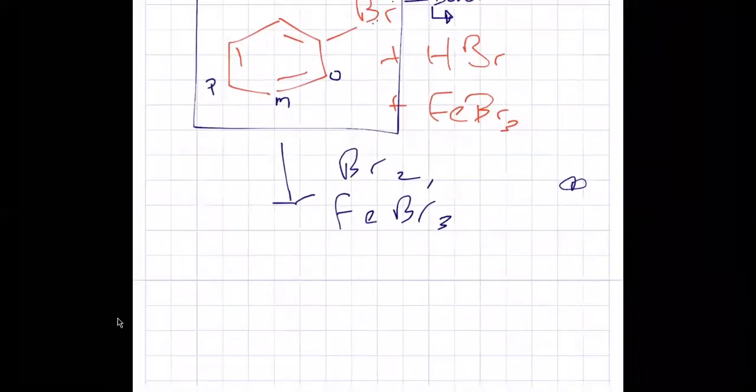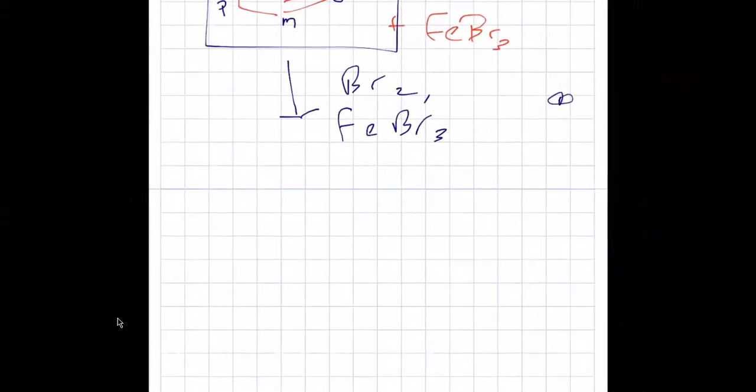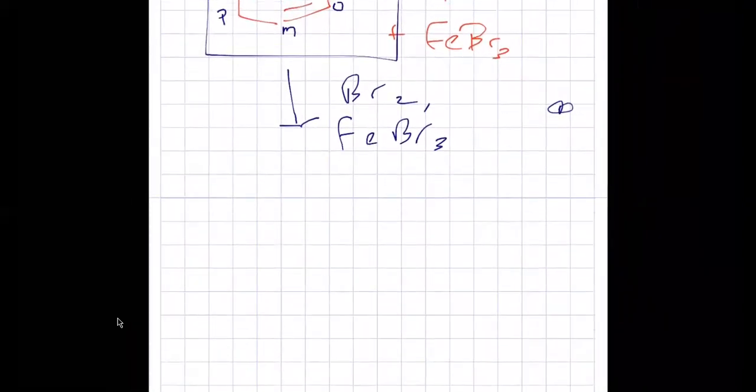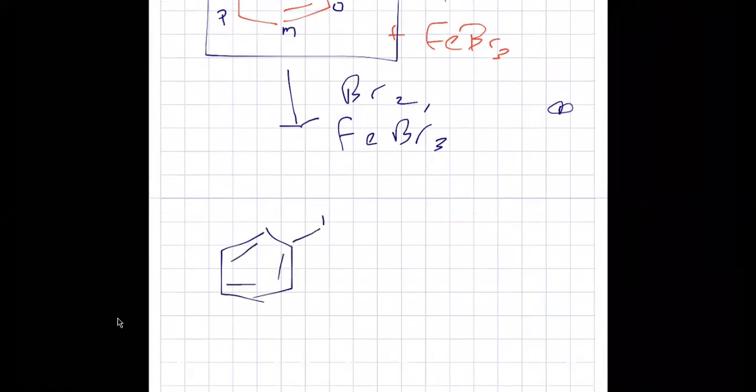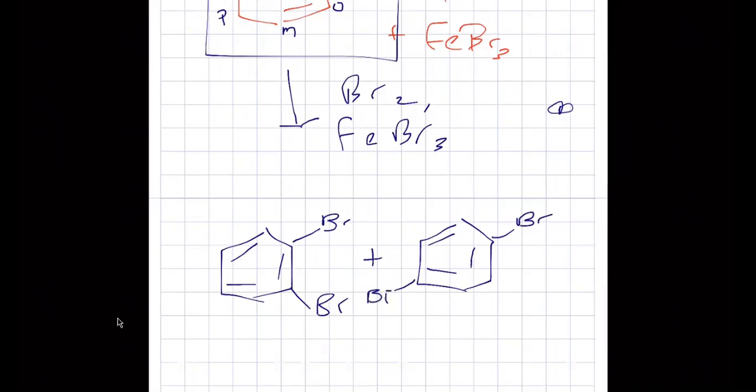You're going to get the ortho product, which would be here. It's the ortho product, and then you'll also get the para product. Like that.